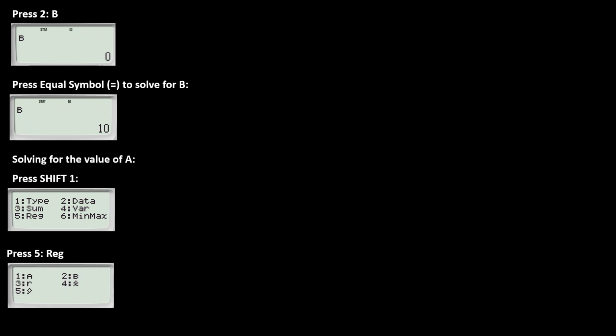And now, in order to solve for the value of a as the y-intercept, we have to press shift 1, and then our calculator will provide us this. And then we have to pick again 5, reg. By this time, we have to press 5, which means reg. And our calculator will give us this result. Then we have to choose again.